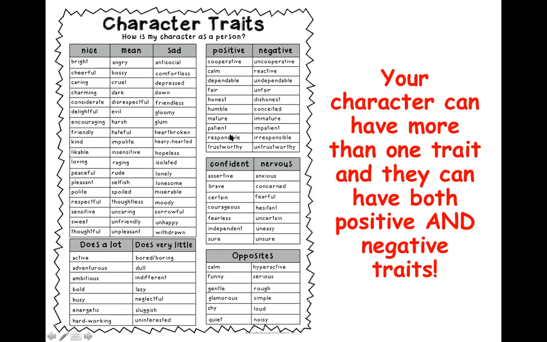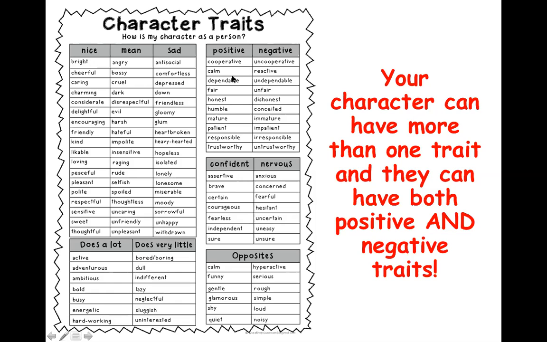This chart has a lot more character traits. It has different character traits that mean nice, like cheerful, considerate, encouraging, friendly. It also has words that mean mean, like maybe they're angry, or maybe your character is cruel, or disrespectful, or evil, or hateful, or impolite, or selfish, right? Or maybe your character is sad in the story. Maybe he's depressed and friendless or feeling gloomy. Maybe he's feeling heartbroken or lonely, right?